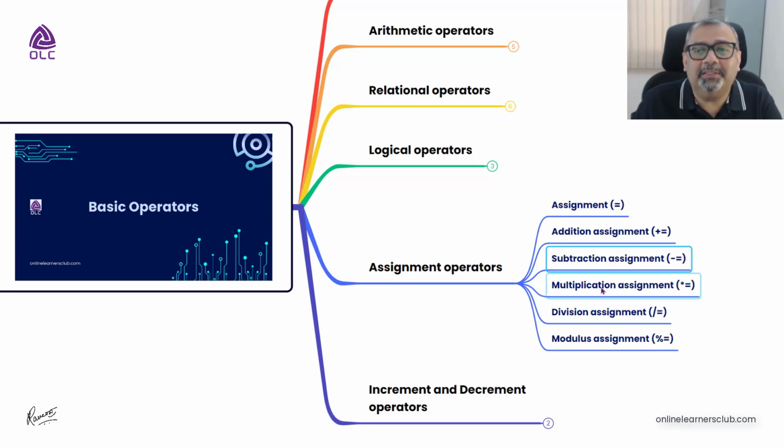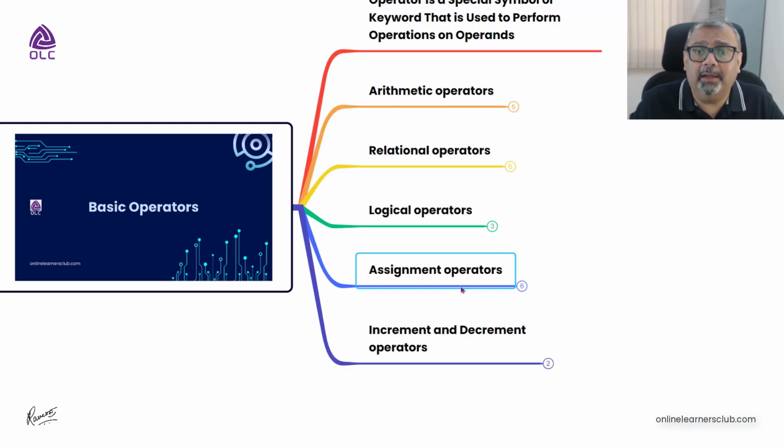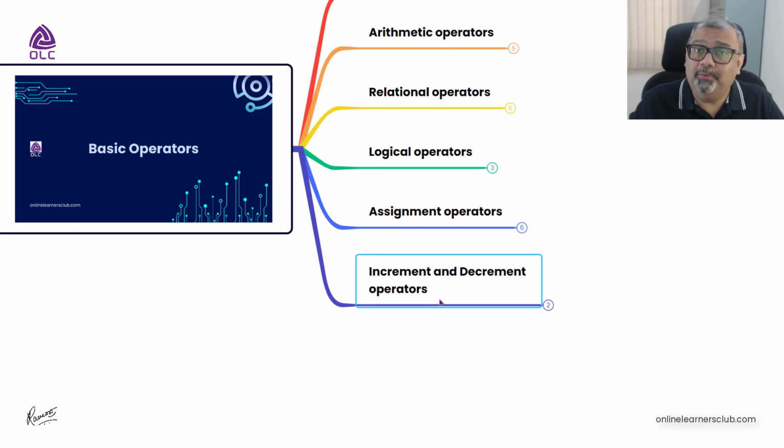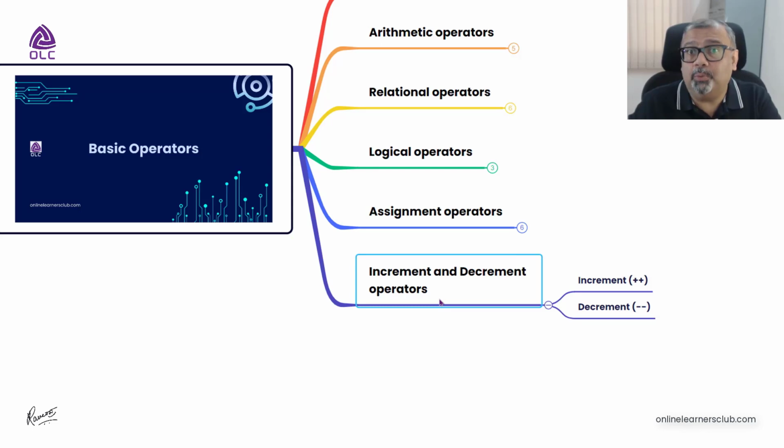Similarly, multiplication, division and modulus assignment operators are also available. Again, useful for day-to-day operations or any type of operation that you would like to do in a normal programming environment. And of course, if you want to just increment, or add only one, a = a + 1 or a = a - 1, this is an example of adding only one to the existing variable.